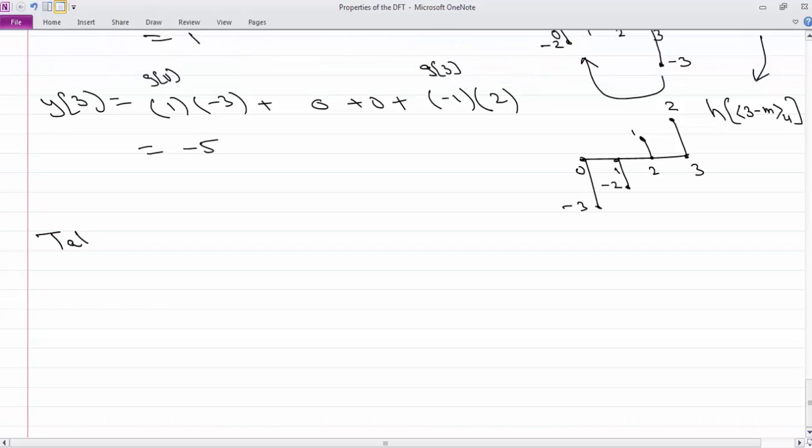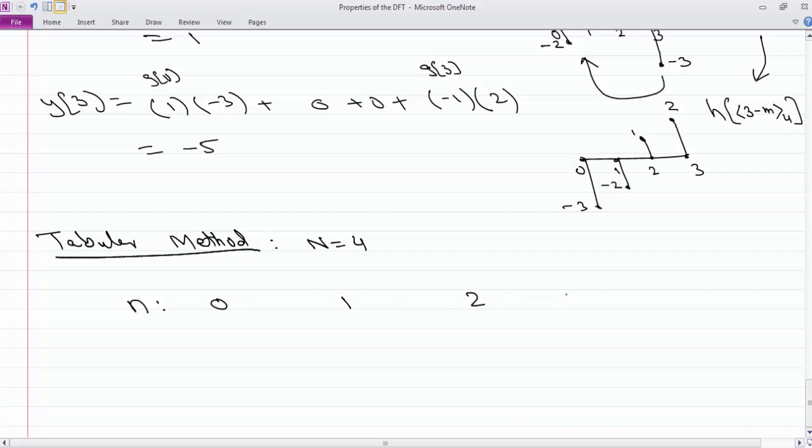So here is the tabular method. Again, I'm going to give you an example using this n equal to 4 case. Okay? So the way the tabular method works is you are interested in computing the circular convolution for n that goes from 0, 1, 2, 3. These are the values that you are interested in computing.